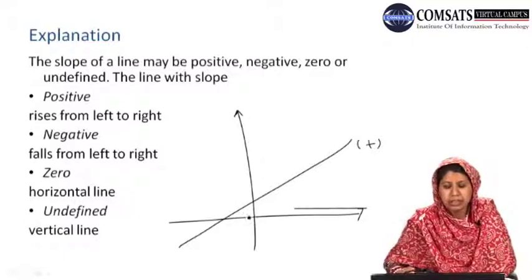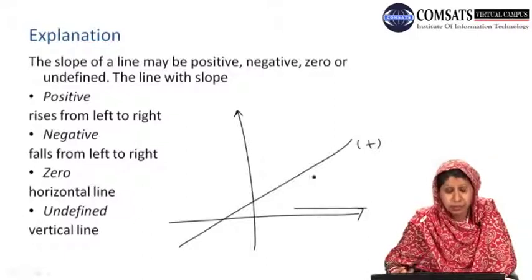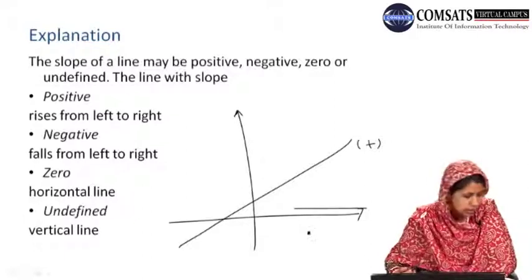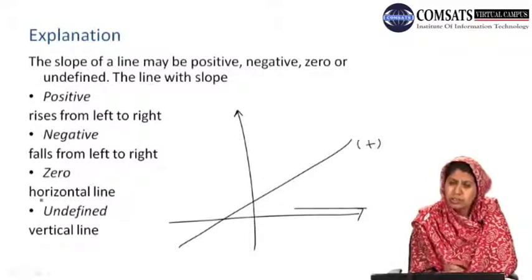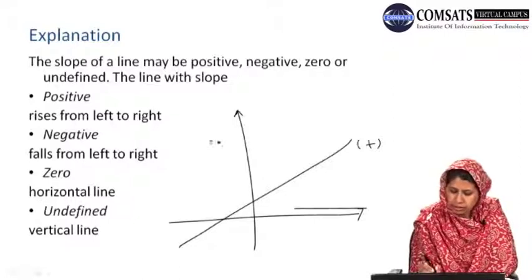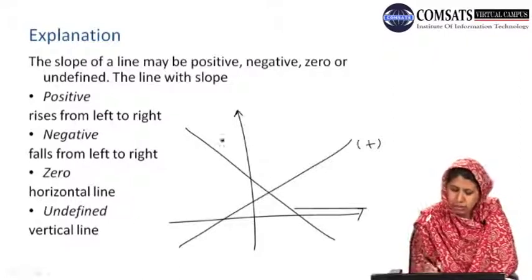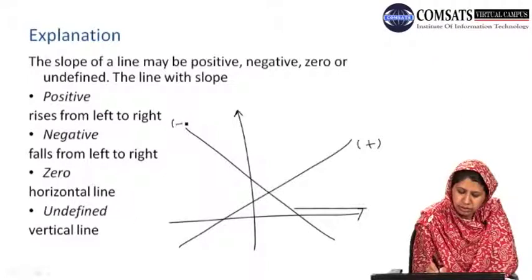Now if the line given has a negative slope, this means that the line falls from left to right, that is in this direction.